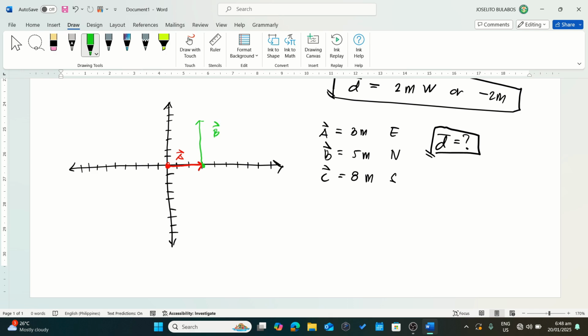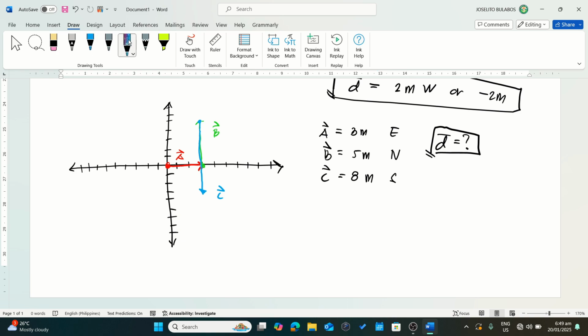Now on the other hand, vector C is moving due south with 8 meters. So from here, you have to count 1, 2, 3, 4, 5, 6, 7, 8. So this is our vector C. Now what we can do here is, in finding the displacement, we have to find the resultant vector.